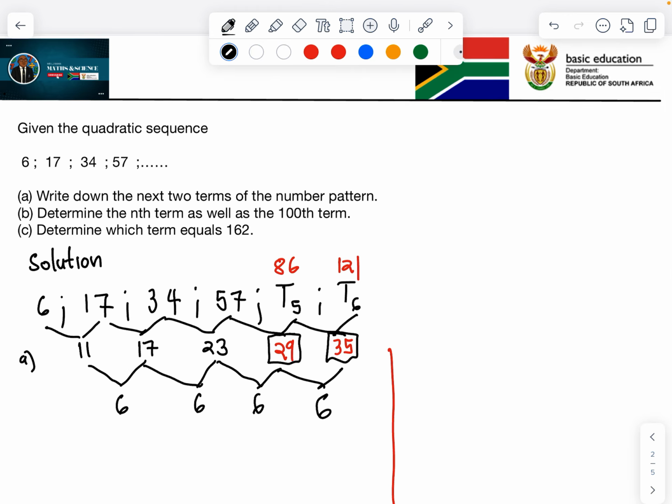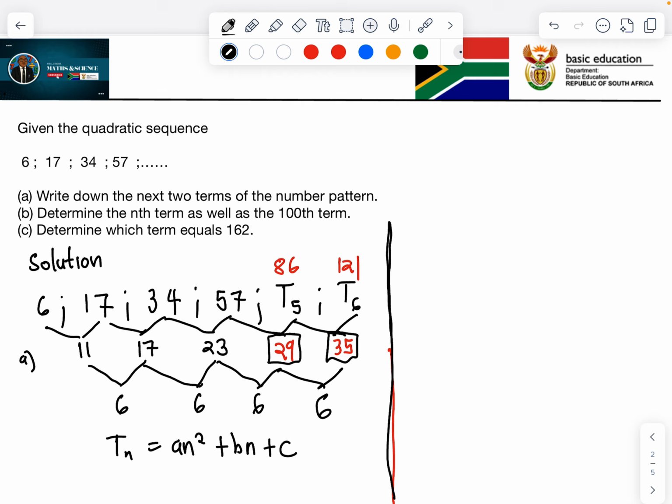So now, to get the general term or the nth term, remember, the nth term equation is Tn equals an squared plus bn plus c, where a, b, and c are constants.